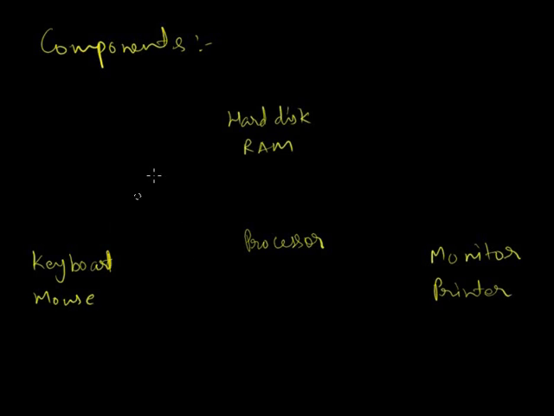If you look at it carefully, the processor is the very important part of a computer. It is also known as CPU, Central Processing Unit. It is the most important part of the computer. Another part is the input and output devices.